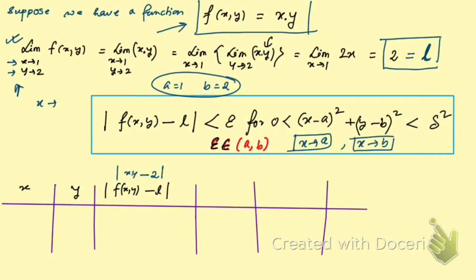So now x minus a whole square. In this case x minus a is nothing but x minus 1, because a is 1 in this example.